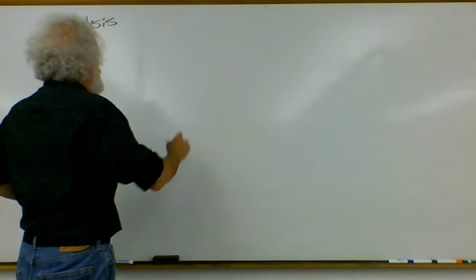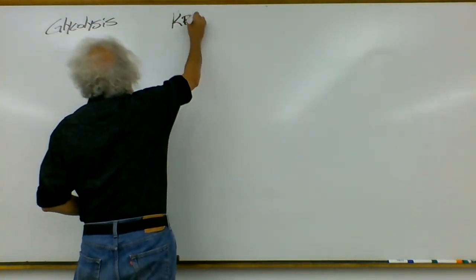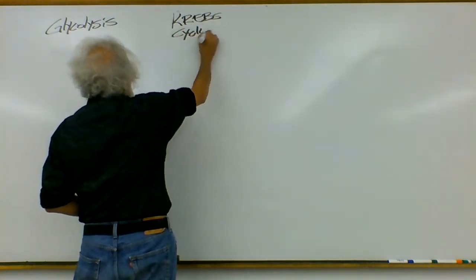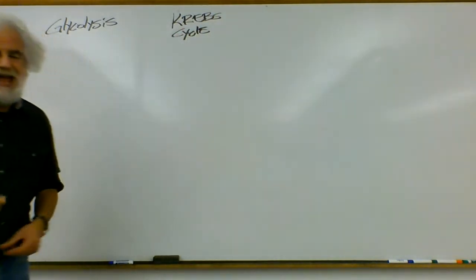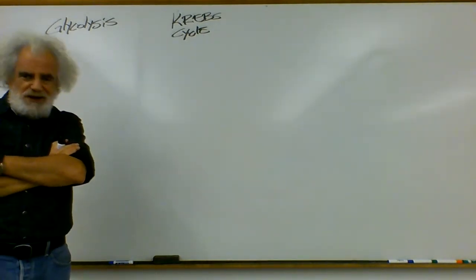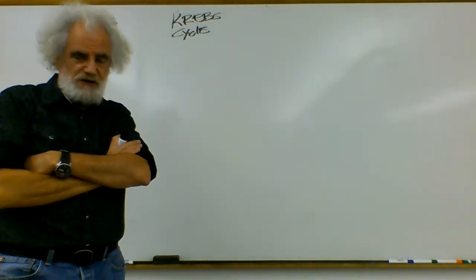Now, stage 2 is known as Mr. Krebs cycle. It's also known as the citric acid cycle or the tricarboxylic acid cycle, but I like to give Mr. Hans Krebs his due, and I call it the Krebs cycle.